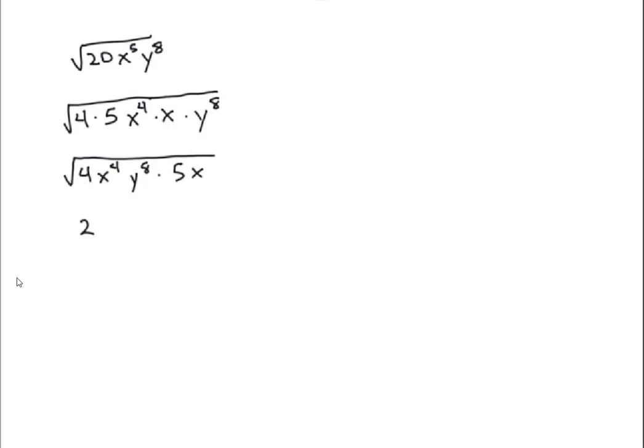We need to make sure that we have an even number. So x to the fourth, square root of that becomes x squared. And y to the eighth, when we cut that exponent in half, becomes y to the fourth. And we're left with 5x. Okay, so 20x to the fifth, y to the eighth, all underneath the square root, simplifies down to 2x squared, y to the fourth, square root of 5x.